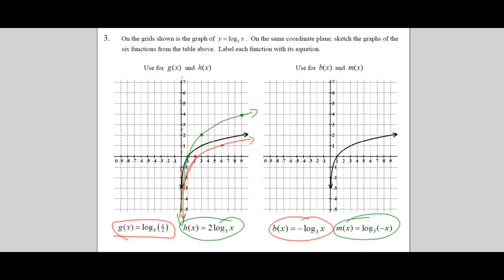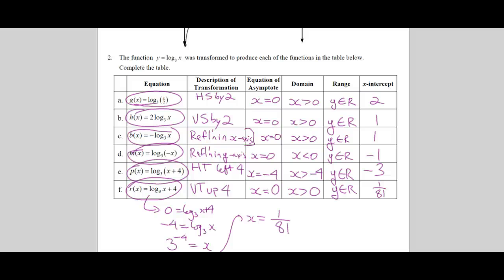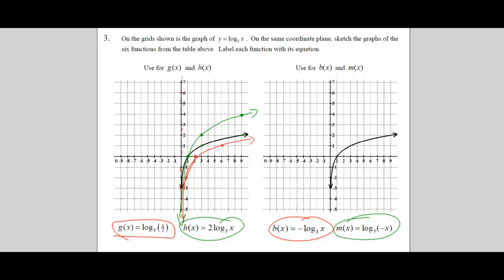And we'll do the same thing with these guys. And again, you can look back. You've got your characteristics there. Which way do I open? Where's my x-intercept? Okay, reflection in the x-axis, so that's there. That's there.